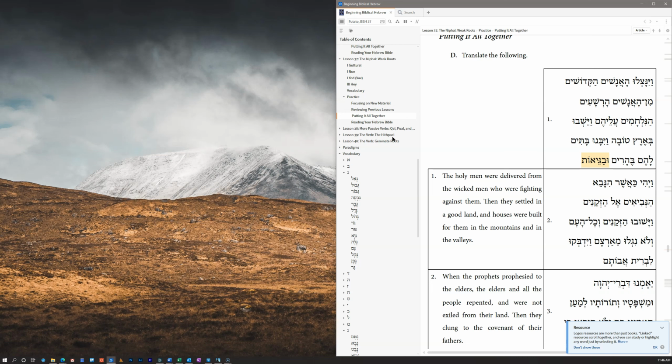Instead of talking to God and saying, God, heal this woman, you're now talking to the woman and saying, may God heal you. That's the jussive, essentially. It's a third person volitive. It's a third person expression of wish or desire. So that's the function of the jussive. Does that make sense?